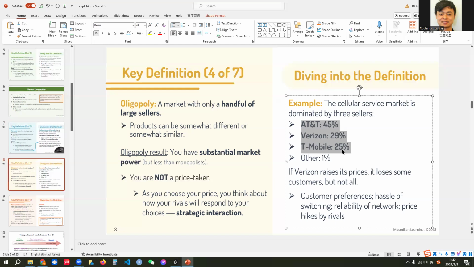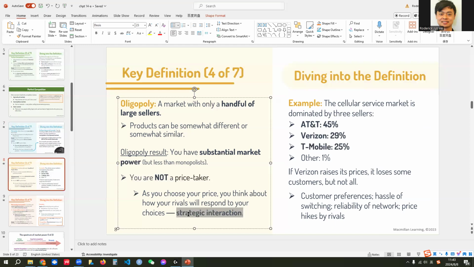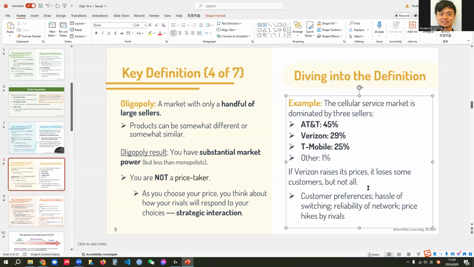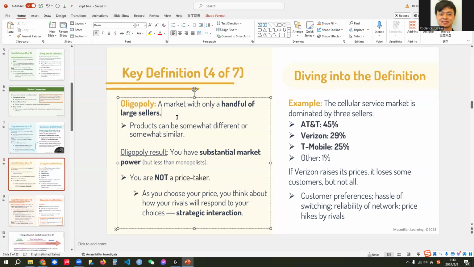So if Verizon raises its price, it loses some consumers, but not all. And it should also think about, is there a possibility that I can collaborate with T-Mobile to fight against AT&T, right? So that's strategic interaction. Especially in the oligopoly model, I won't dive too deep into that.